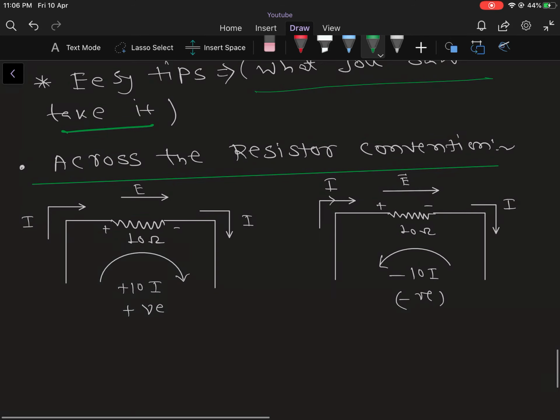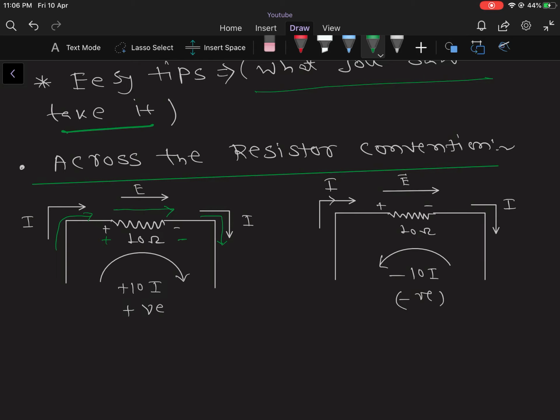Then another convention is the across-the-resistor convention. Let us consider the current I going through the 10 ohm resistance. If the direction of current is in this direction, then this side is positive and this side is negative, which implies that the electric field inside the resistor is in that direction.